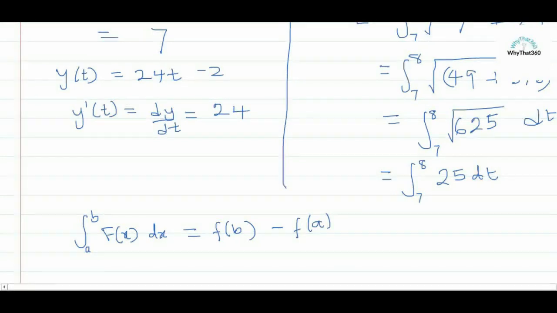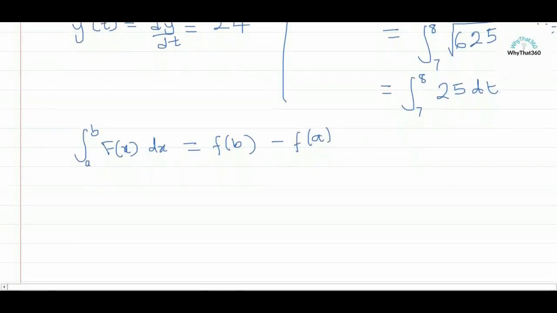From this theorem, we can go ahead and say that the arc length will be equal to, first of all, let's integrate the function.